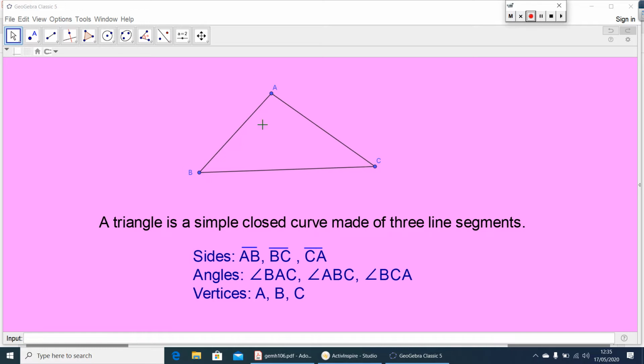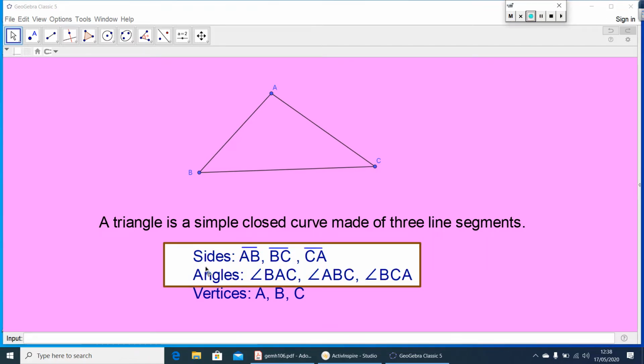This angle you can write as angle ABC, and this angle you can write as angle BCA. There are three angles. Now the vertices are this point A, B and C. Here three sides and three angles, we can call them the 6 elements of the triangle.